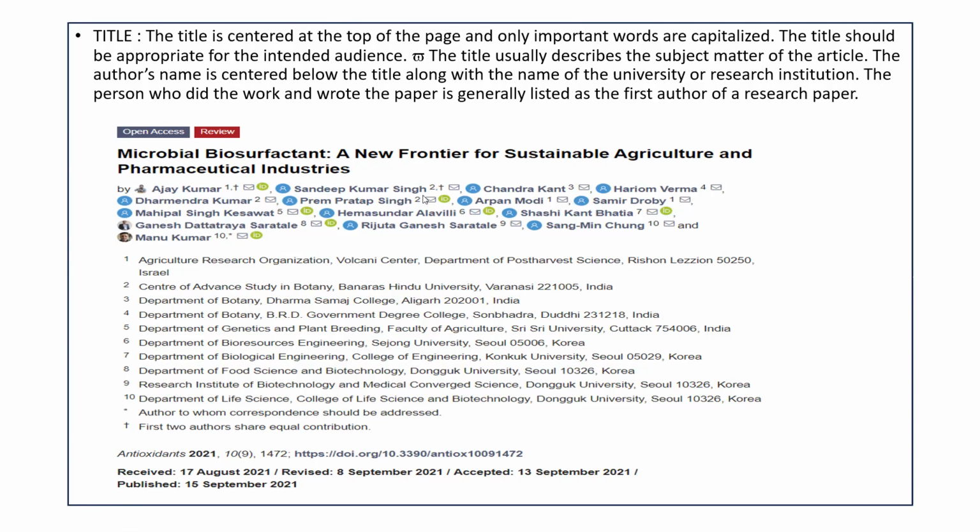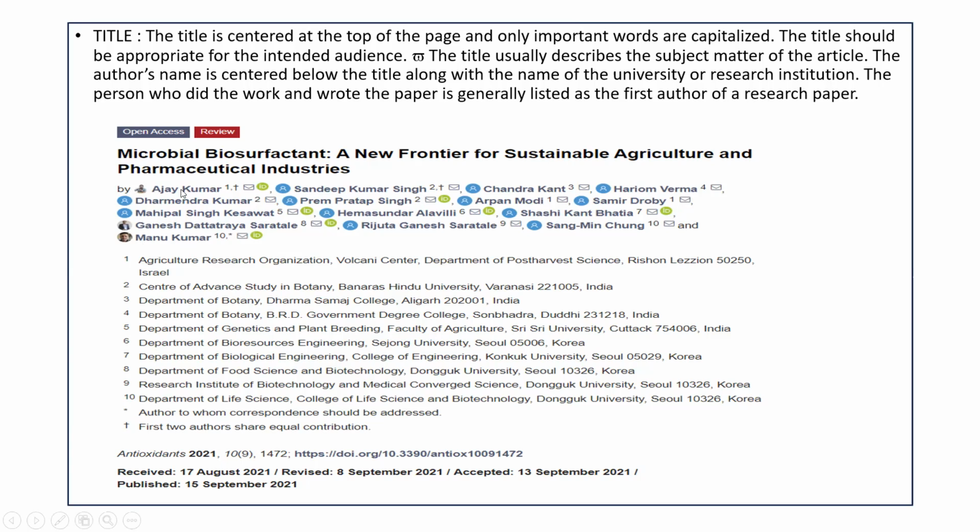It is written in such a way, and you can see at the end there is Manu Kumar's name. It means this Manu Kumar is the guide of Ajay Kumar and maybe some of the other authors also. So always the person at the end is the guide.